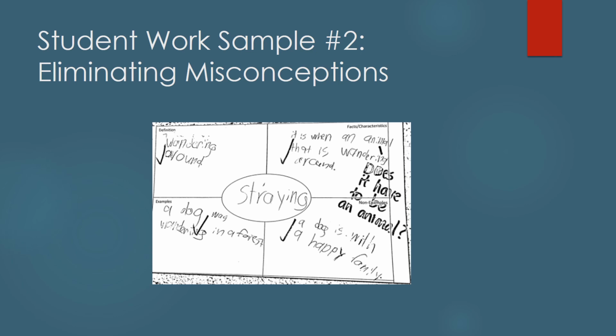While the term straying is often used with animals, dogs in particular, like a stray dog, it's important to show students that straying can be any person or animal straying away from where it belongs. It's important to prove to your students that the facts and characteristics of the vocabulary word have to be true all the time. And this is a good example to show where this student had the misconception that it was just an animal.